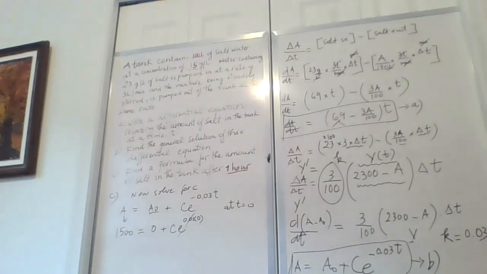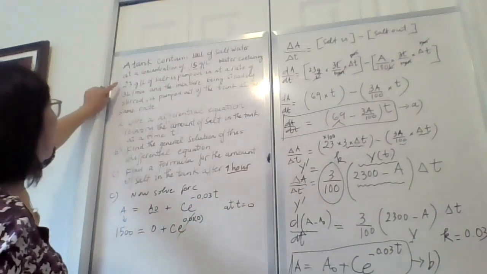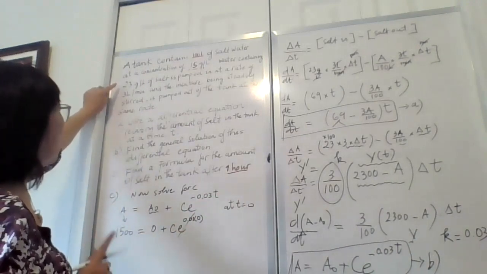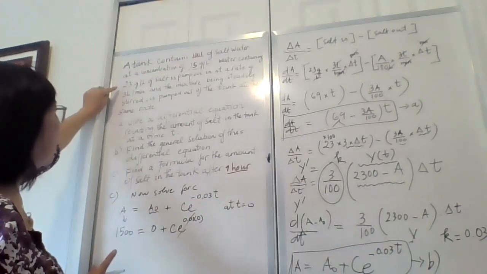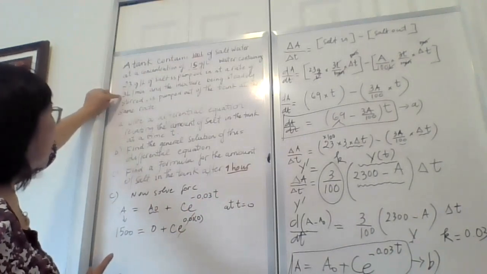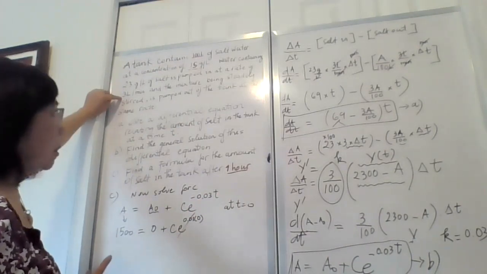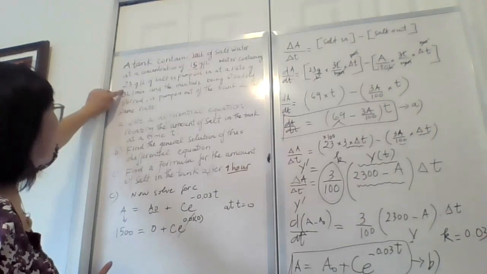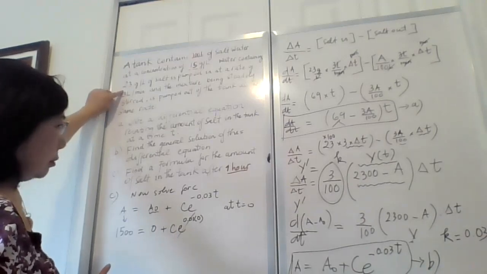wait a minute, let me see. At the beginning, water comes in containing 23 grams per liter at the rate of that. Okay, so let me see, do we account for 23 grams per liter when it comes in?